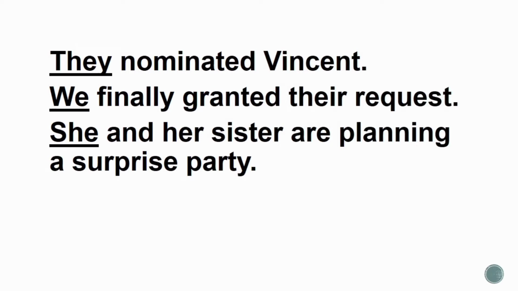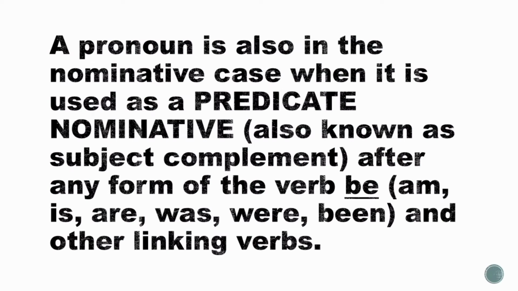So our subject, she and her sister, in this case, the pronoun highlighted is she, and it is again in the nominative case because it would not make sense if we say her and her sister are planning a surprise party. If we take out her sister, that would be her is planning, and that again would be grammatically incorrect. So that's for the pronoun in the nominative case being used as subject of the verb.